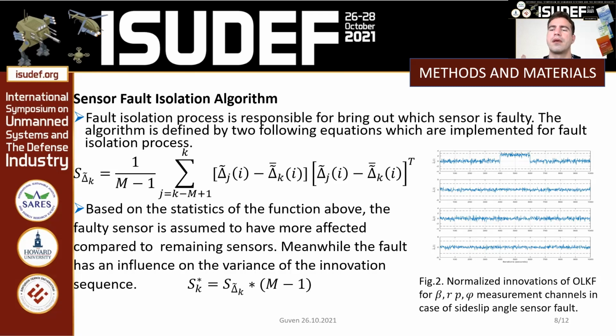All right. And you can see on the right side, the first one is for side slip angle Kalman filter innovation SK value, the second from top is yaw rate, the third one is roll rate, and the last one is roll angle.